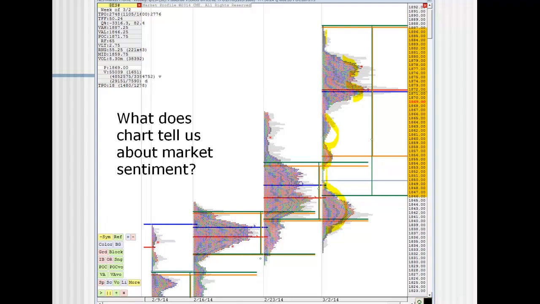But what was ultimately the result of this activity? Obviously, it pushed prices higher, and this activity higher yet, and this activity again higher and higher. So just by looking at this profile, you should know right away that the market sentiment is very bullish.